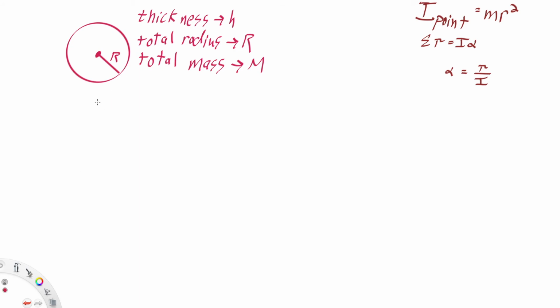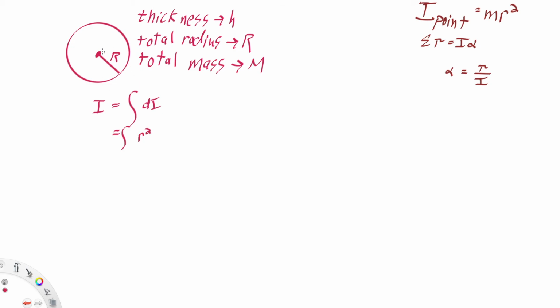So we're going to say that maybe the total moment of inertia of this thing is equal to an integral, where an integral just means add up an infinity of really tiny things. And it'll be the moment of inertia of each itty bitty piece. Well, each itty bitty piece is going to have a moment of inertia equal to the square of the radius from the center, and I'm going to use little r here.